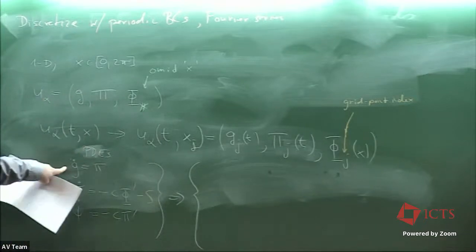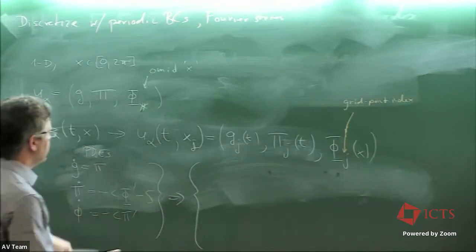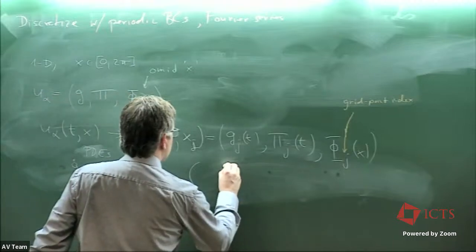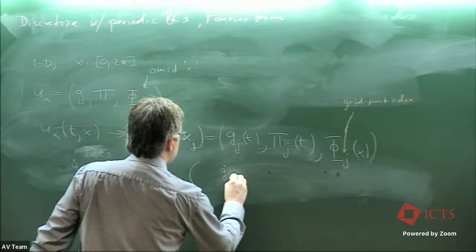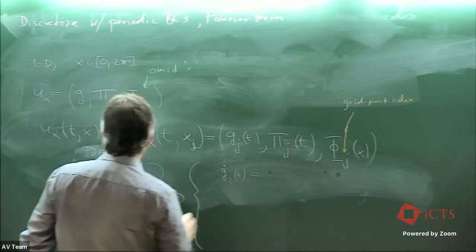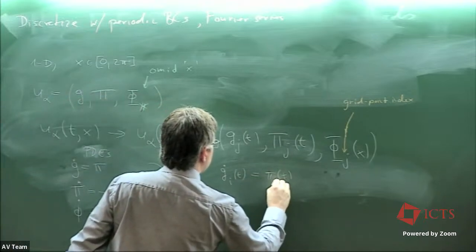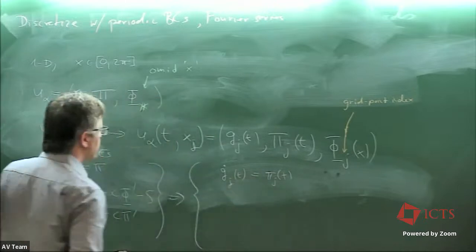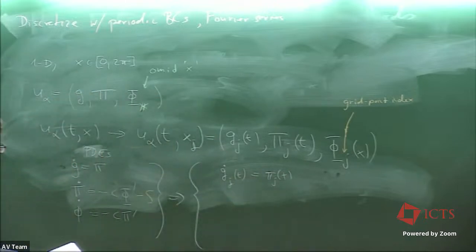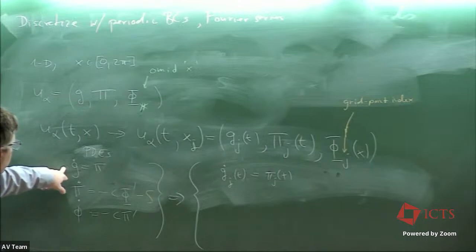So the first one, if I evaluate this at the grid points, I get very simply g dot j as a function of t equals pi_j as a function of t. It's just this thing at the grid points, with index j attached.